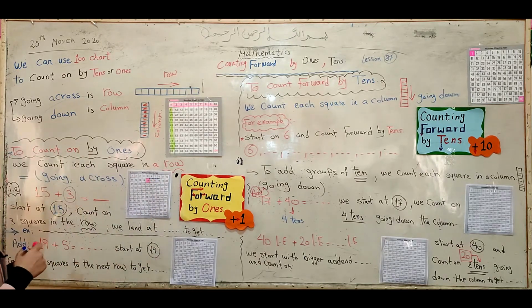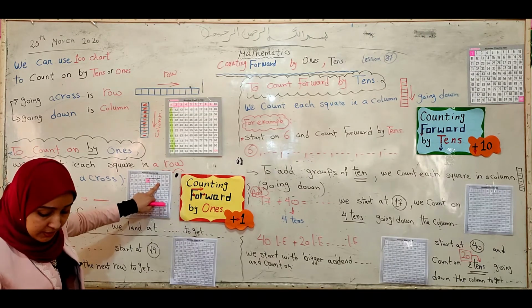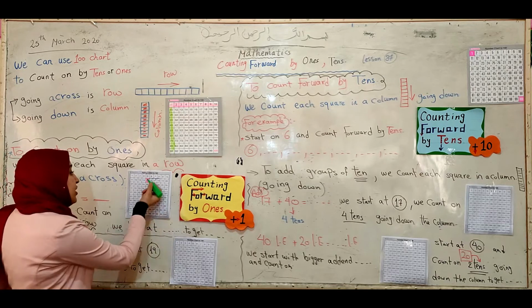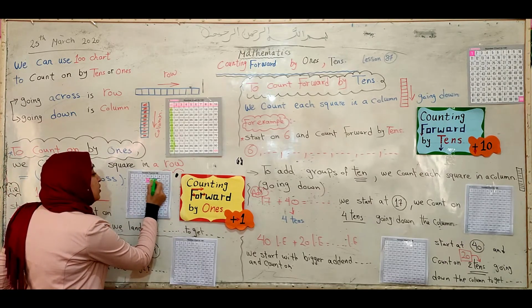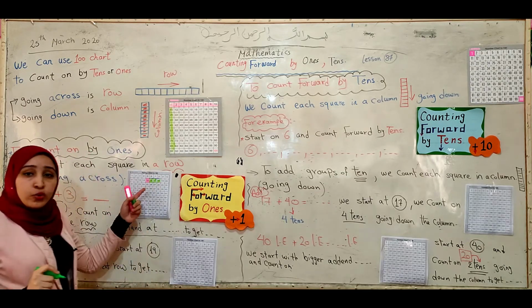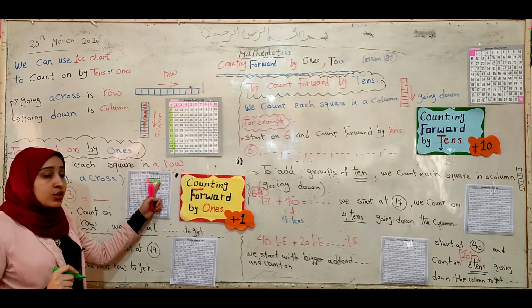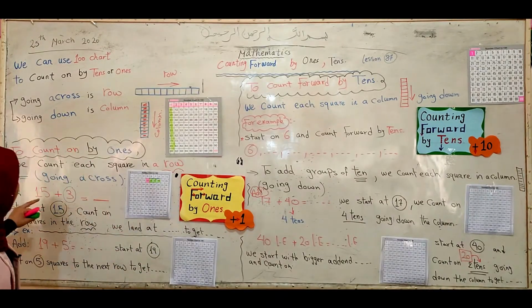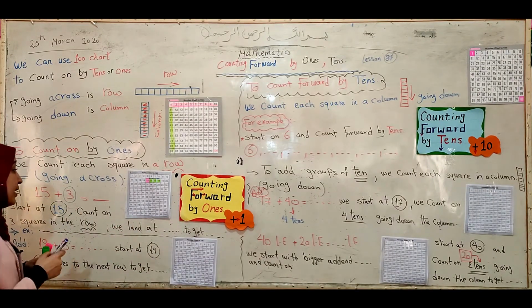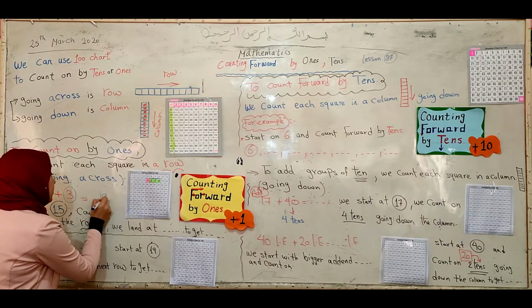I land at number 18. I go to the right 3 squares, so I land at number 18. So 15 plus 3, I get 18.